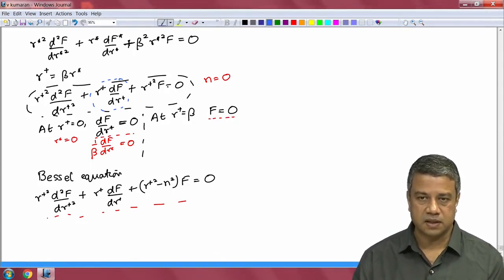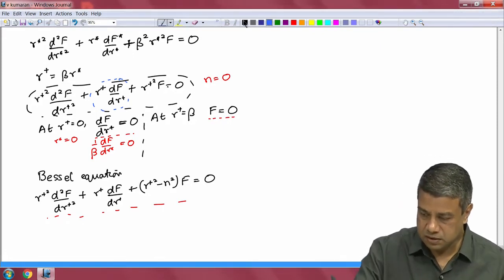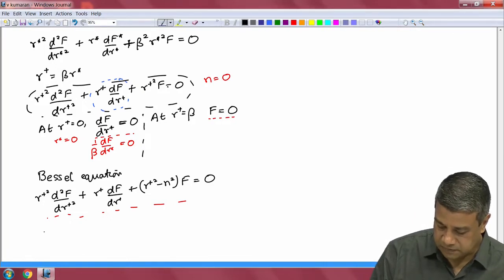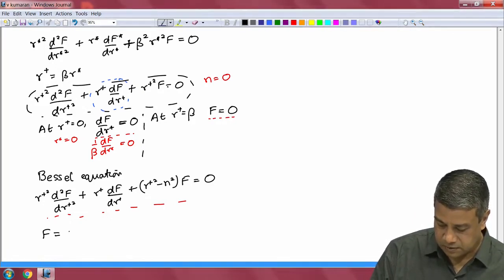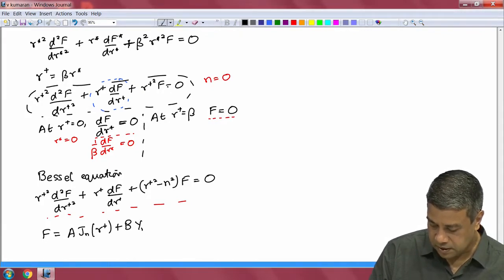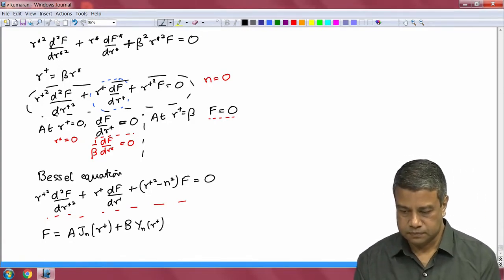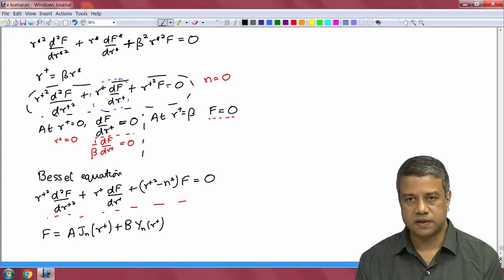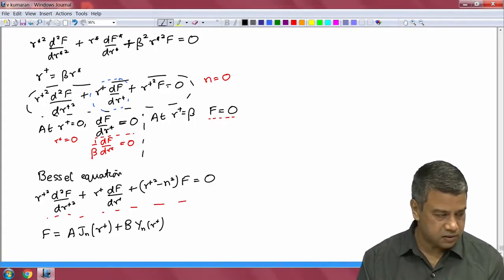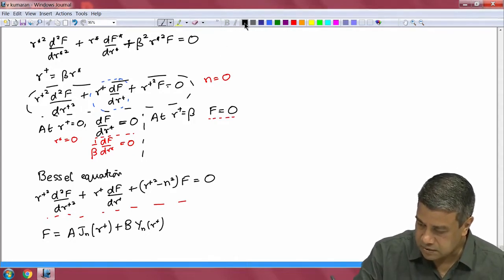The solutions in this case are what are called Bessel functions. f is equal to a times J n of r plus b times Y n of r. These are the solutions for a general value of n, and the solution for this equation is when n is equal to 0.